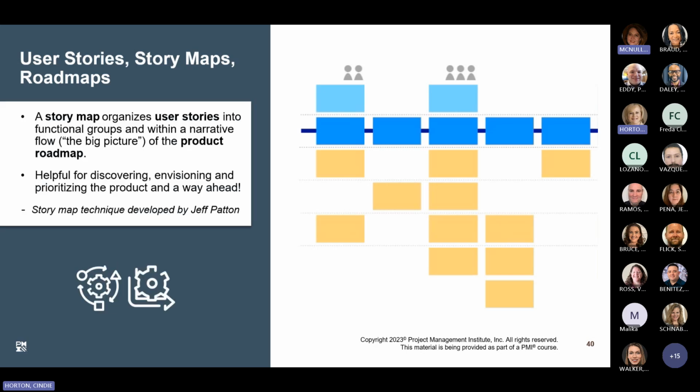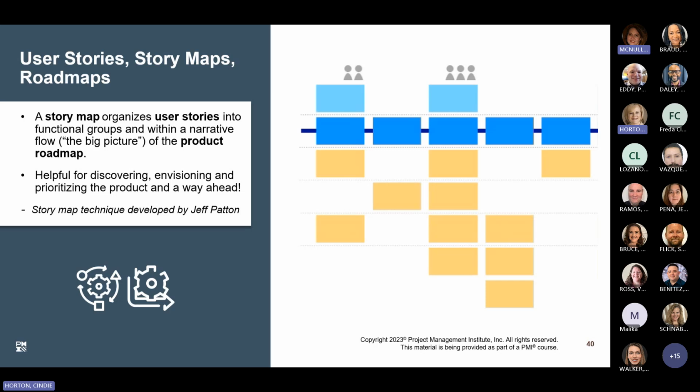In addition to backlogs, product owners also have user stories, story maps, and road maps to help them to determine the scope of work. As you recall from slide 15, a user story is an informal, general explanation of a product, service, or software feature written from the perspective of the end user. Its purpose is to articulate how the feature will provide value to the customer.